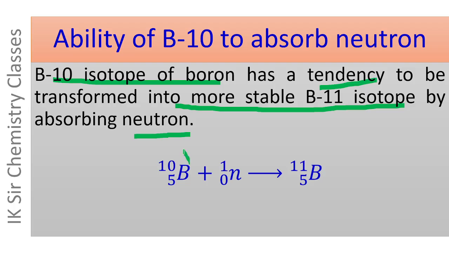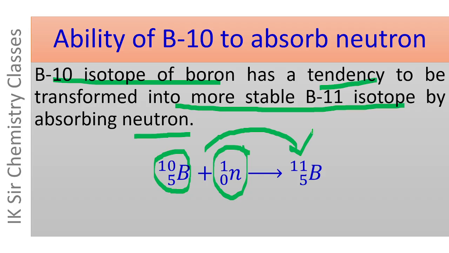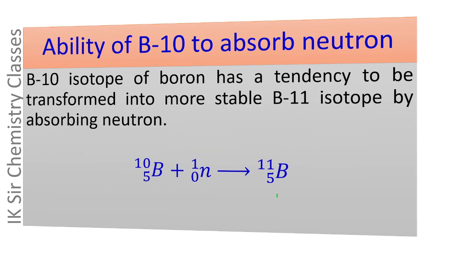This is the B10 isotope of boron, which absorbs one neutron and transforms into the more stable B11 isotope. Thus, we can say that boron-10 has the ability to absorb neutrons.